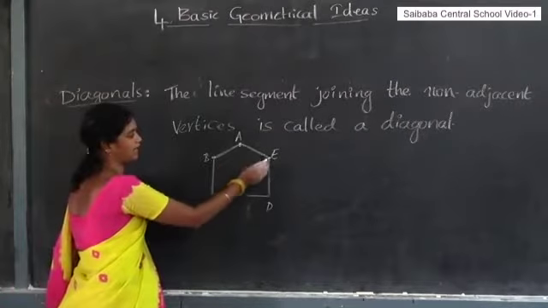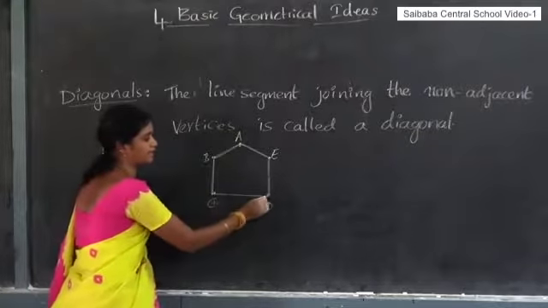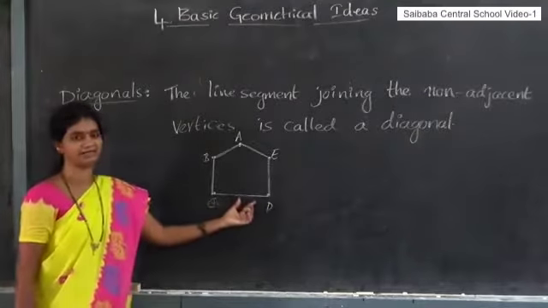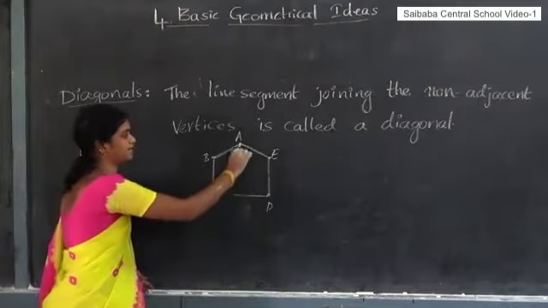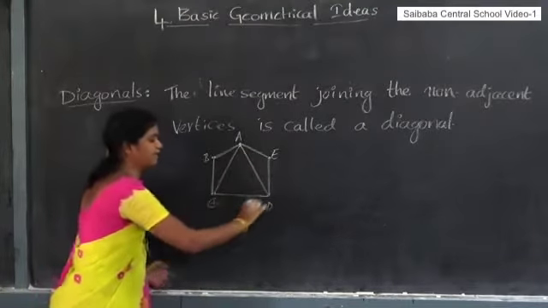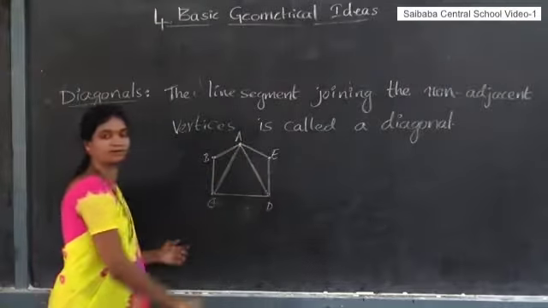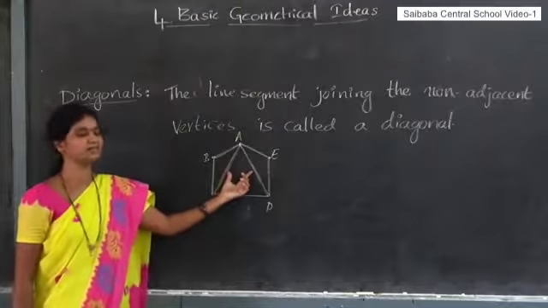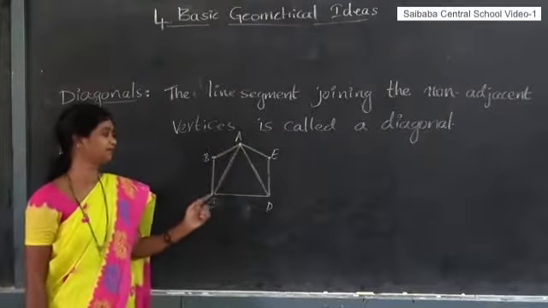As these two are the adjacent vertices, the remaining two vertices are called the non-adjacent vertices. If you join A with C and A with D, we call these two diagonals. So what are diagonals? The lines joining the non-adjacent vertices.